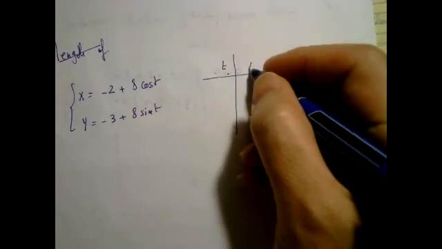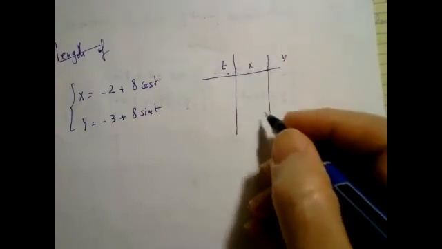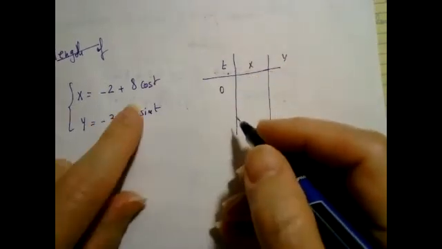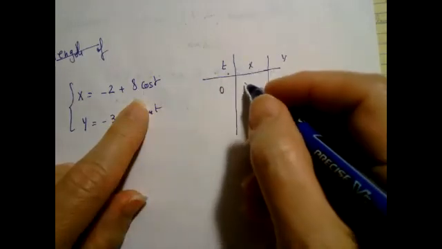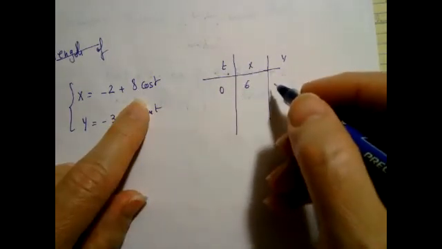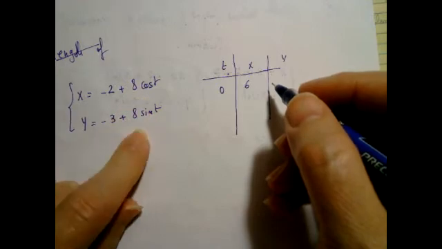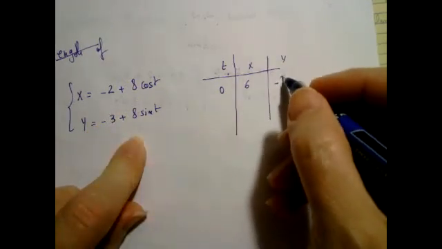So that's t, that's the x, and that's the y. At t equal to 0, I am at -2 plus 8. That's going to give me a 6. And the y will give me -3.